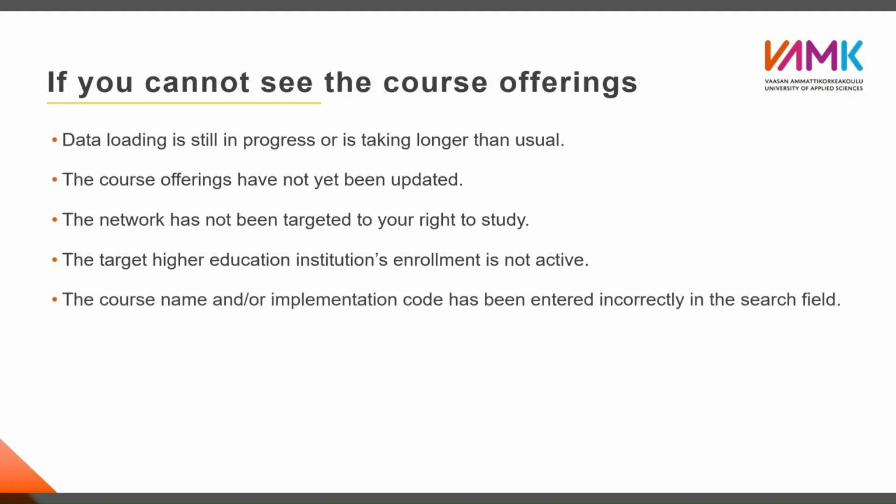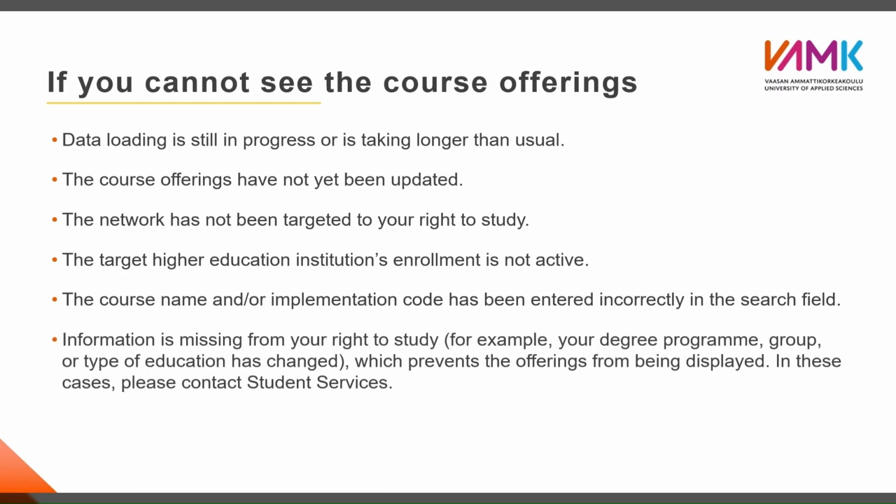The course name and/or implementation code has been entered incorrectly in the search field. Information is missing from your right to study. For example, your degree program, group, or type of education has changed, which prevents the offerings from being displayed. In this case, please contact Student Services.